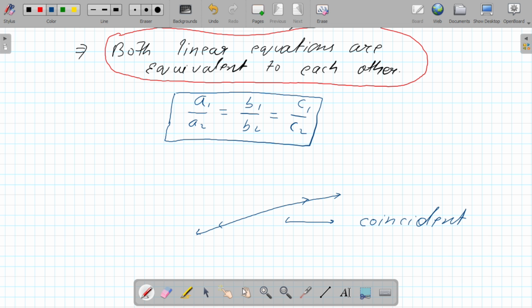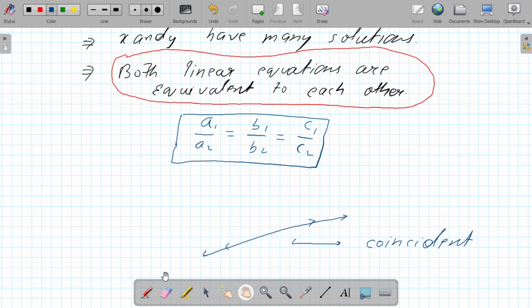That's why it does not have any specific solution, because on each point, they both are satisfying. So they are coincident as well as they are consistent, because they are dependent. Or we can say they are dependent to each other.